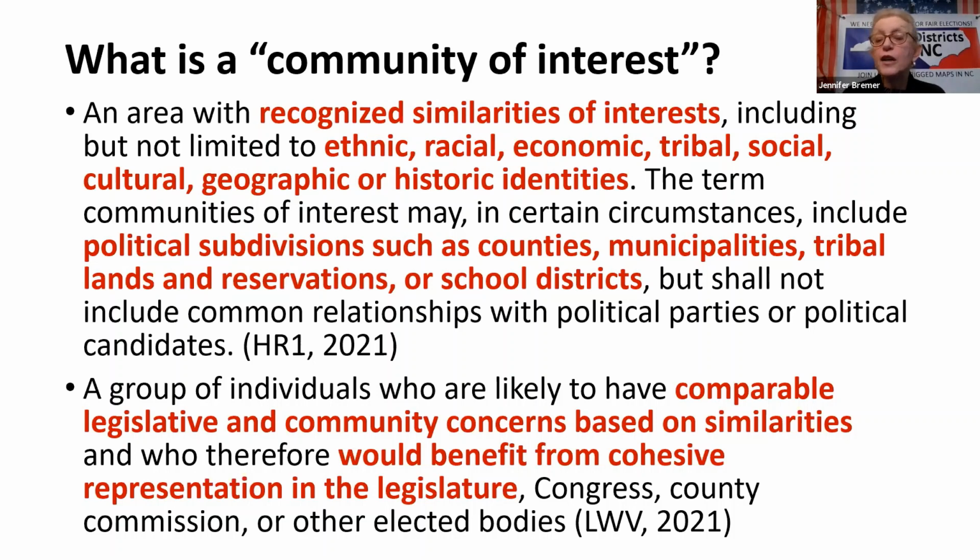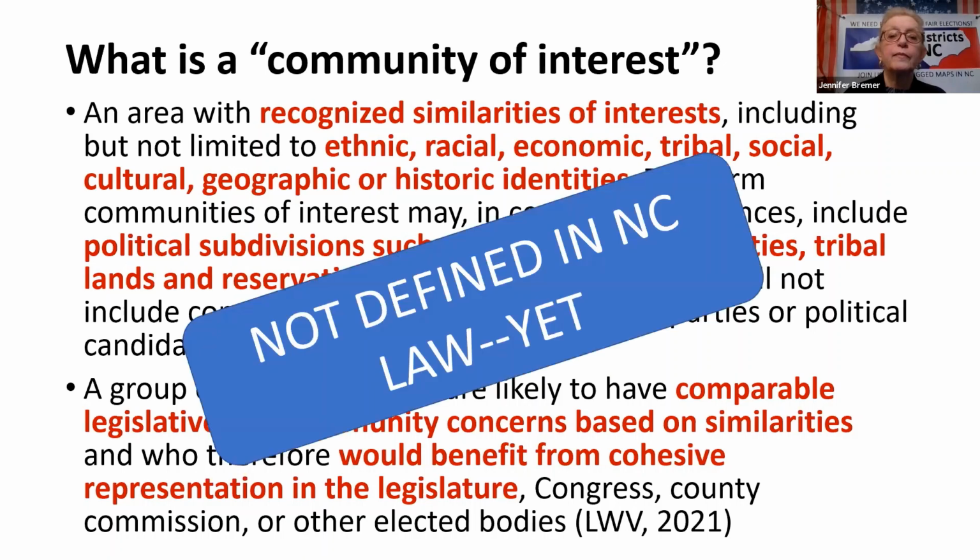It may be a historic identity, that everybody moved to that area from a particular location, or that they've had long-standing ties of cooperation. It can be any factor that makes people say, yeah, we have something in common that we want our representative to pay attention to.